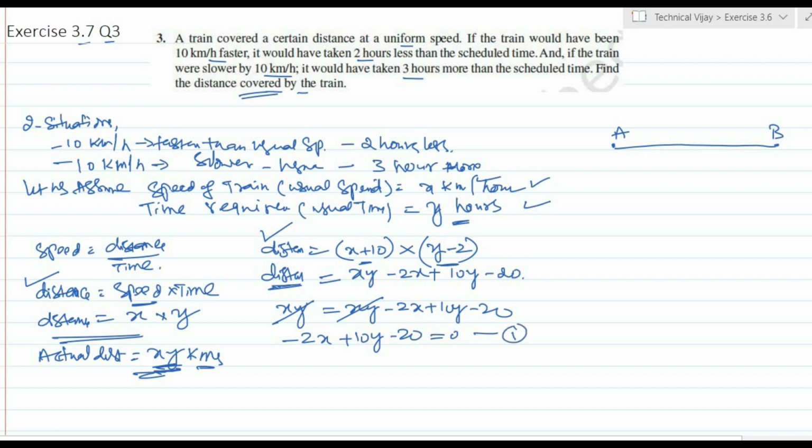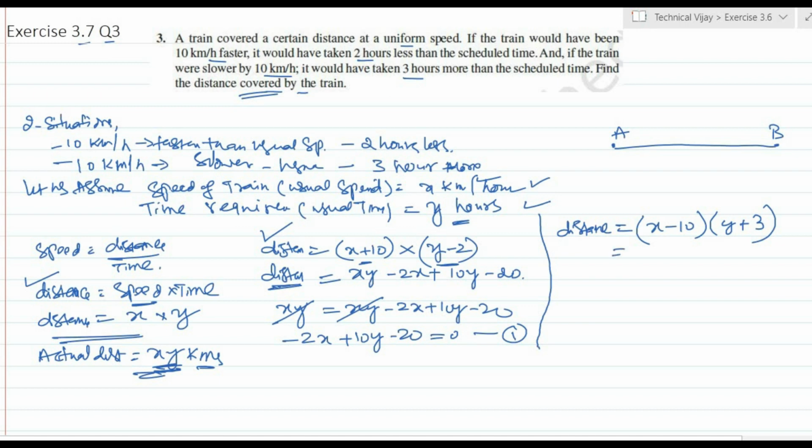In the same way, in the other situation the distance covered is the same. If the train is slower by 10 km per hour, x is reduced by 10 and y is increased by 3 hours.